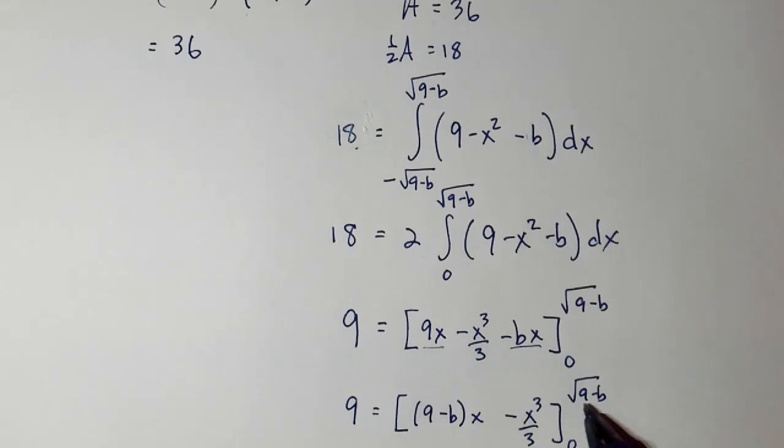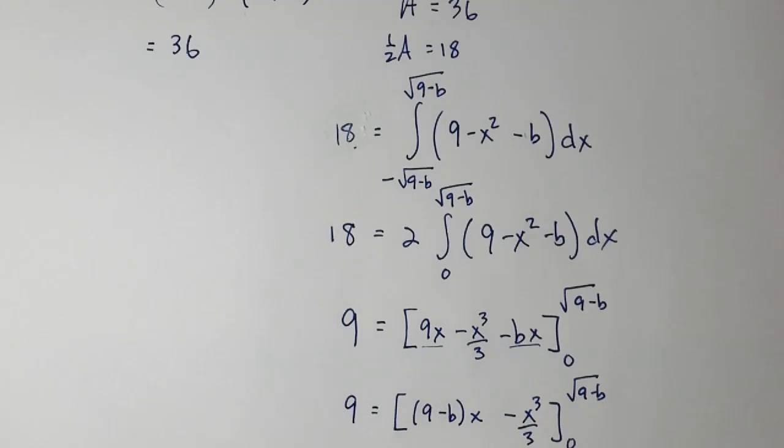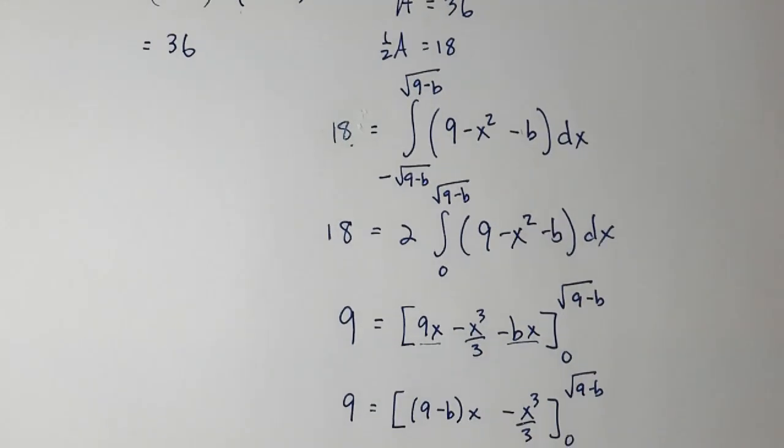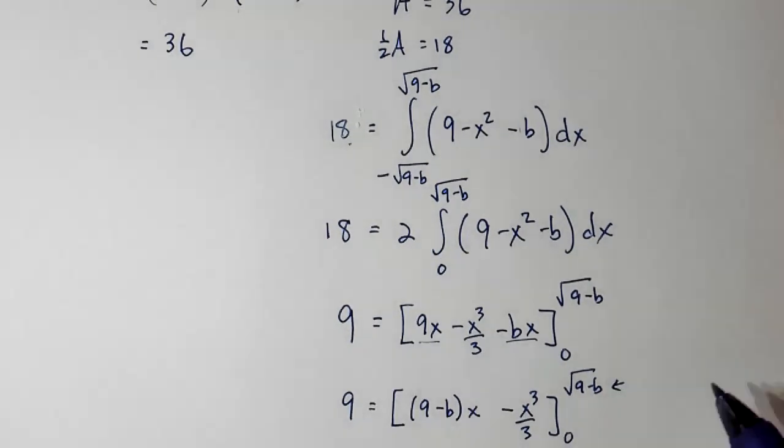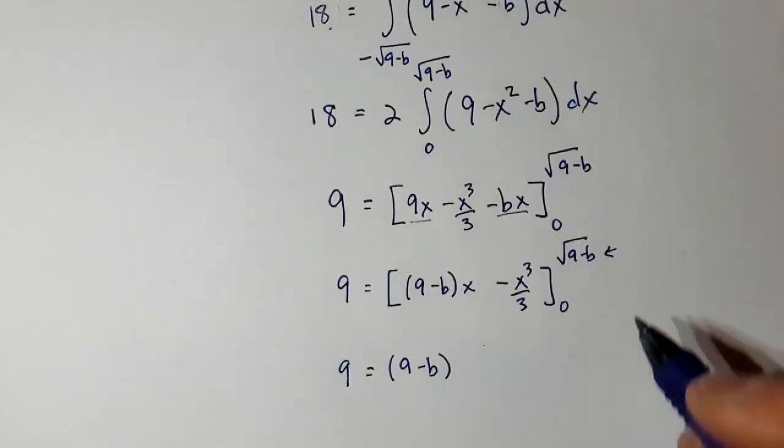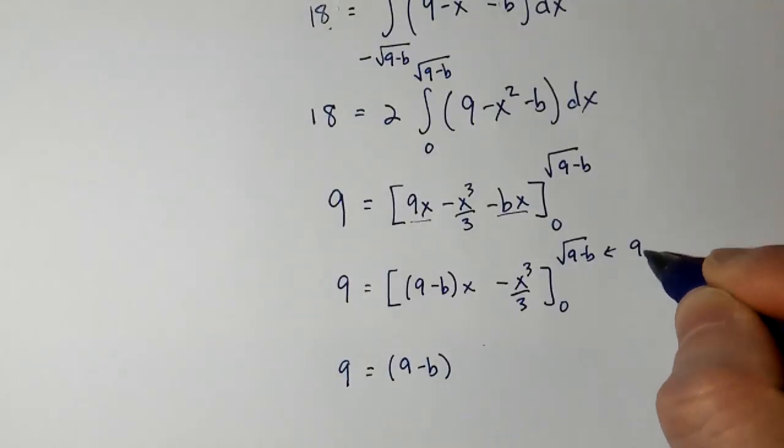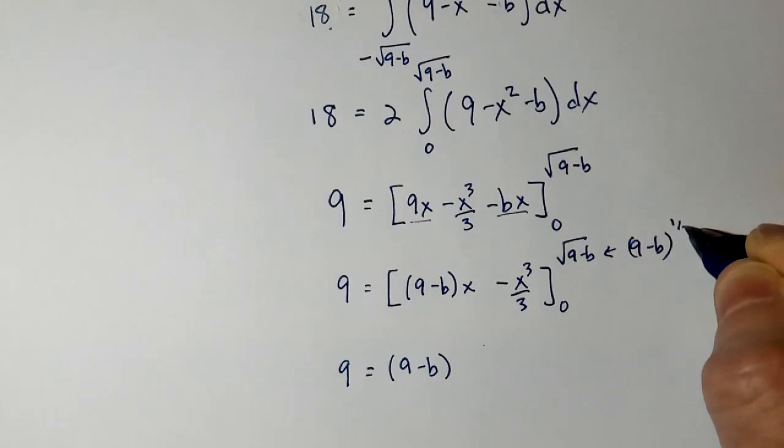Remember, I'm plugging this in for what values? The x values. Okay. So it's going to be 9 equals, if I plug this into both, 9 minus b times, well, this is equivalent to 9 minus b raised to the 1/2, right?